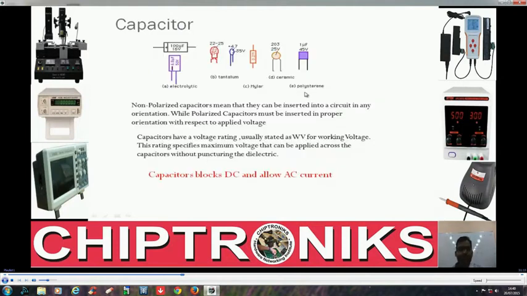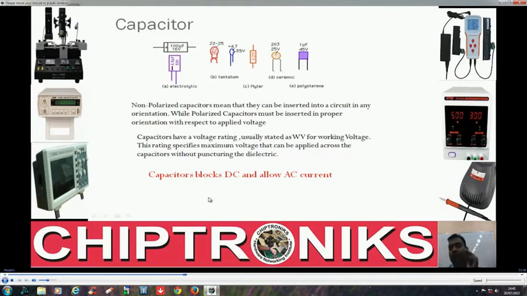Here I have also written that a capacitor blocks DC and allows AC current. As I said, in a DC circuit, at time t equal to 0, it will allow the current to move, but later on it will block the current. And if an AC current is moving across the capacitor, it will allow the AC current.